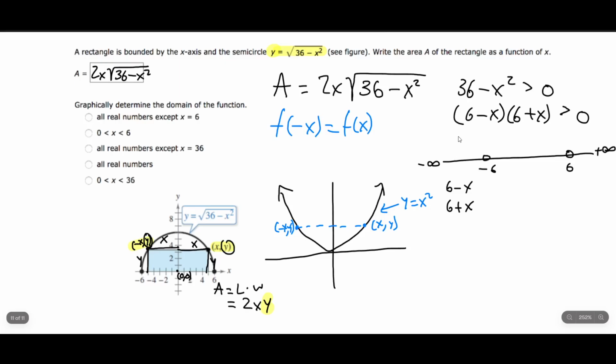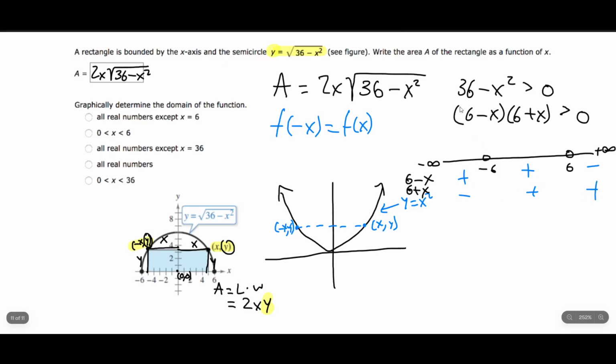Again, this is just the quadratic inequality process. I'm going to put this more to the left here: 6 minus x, 6 plus x. So this is negative infinity. Anything negative of negative will be a positive, negative, negative, and then this could be 0, positive, 0, positive. This is negative, and this is positive.